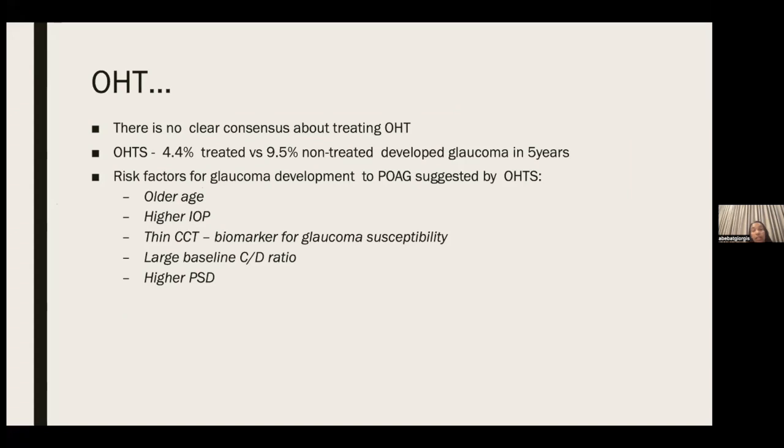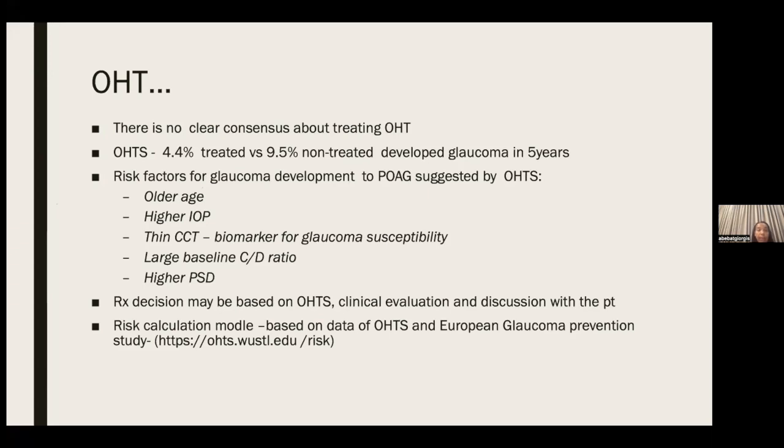The risk factors suggested by the ocular hypertension treatment study are old age, higher IOP, thin CCT, which is a biomarker for glaucoma susceptibility, large baseline cup to disc ratio, and higher pattern standard deviation value on visual field. So the treatment decision may be based on the ocular hypertension treatment study outcome, clinical evaluation and discussion with the patient. There is a risk calculation model based on data of the ocular hypertension treatment study and European glaucoma prevention study, which is available online.